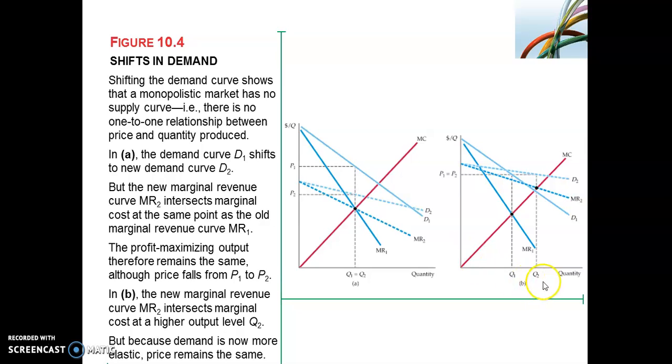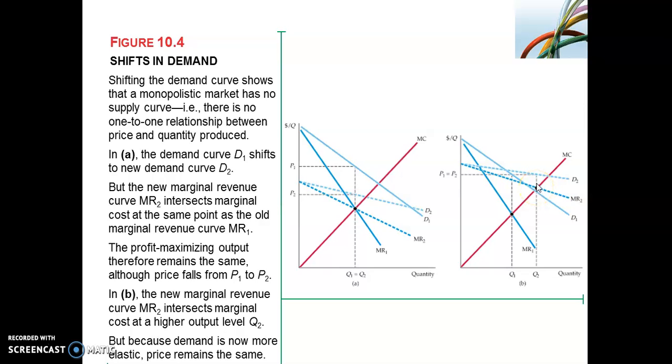If we have a look at what happens in part B, with the new demand curve, that curve has now shifted upward and also rotated out, and it has its corresponding marginal revenue curve MR2. So if we see where marginal revenue 2 and the marginal cost curve intersect, that is at this point over here.